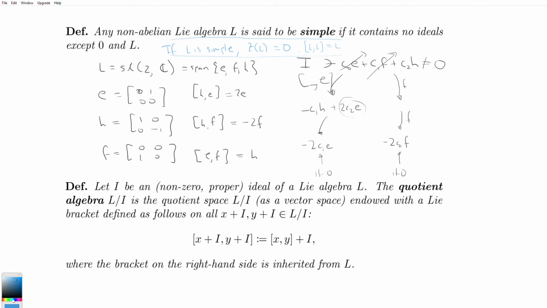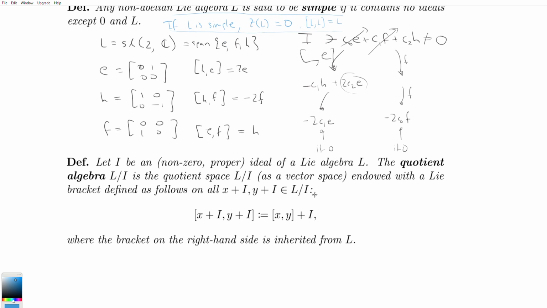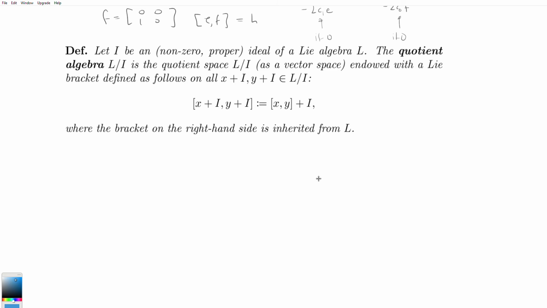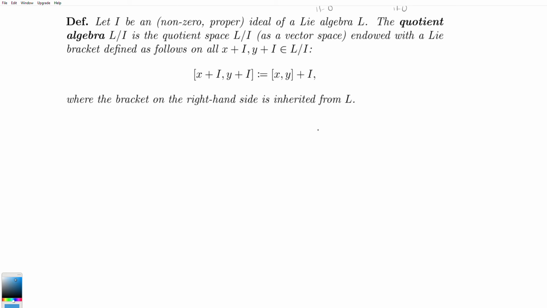Okay, so let's go on to the next thing here, which is the notion of a quotient algebra. So let I be an ideal of a Lie algebra L. In most cases, we just consider a non-zero proper ideal.